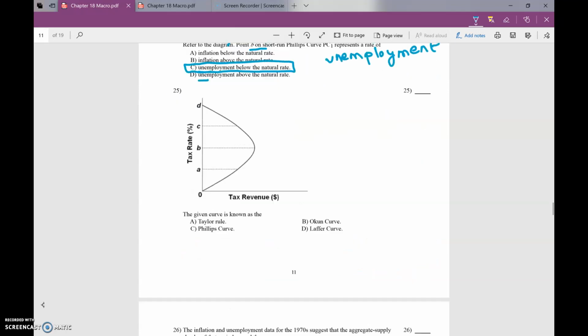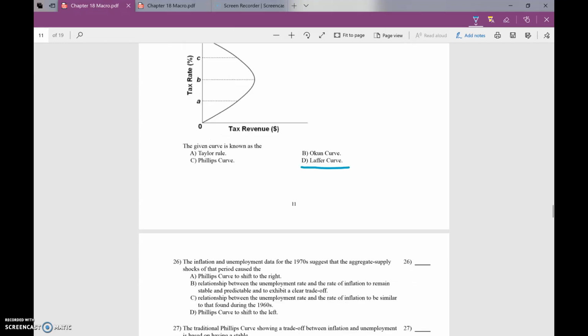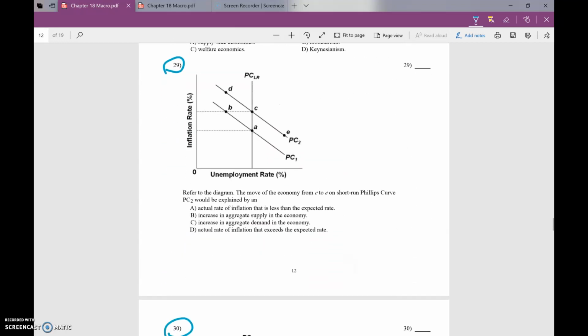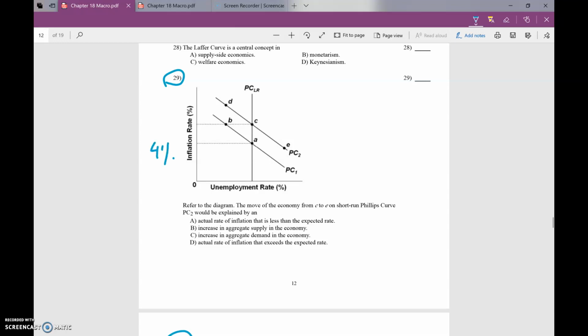Okay. This one, remember, is a Laffer curve. Alrighty, what else to look at? Okay, we have two Phillips curves here. Say this one's 4%, this one's 6%.